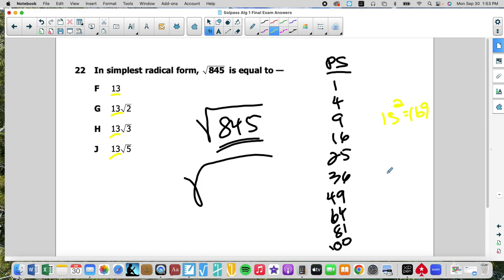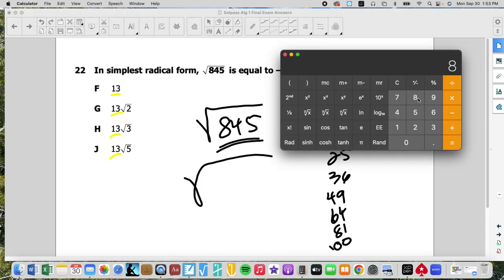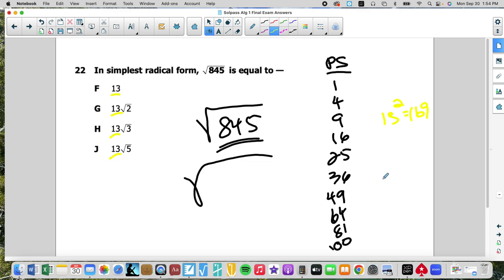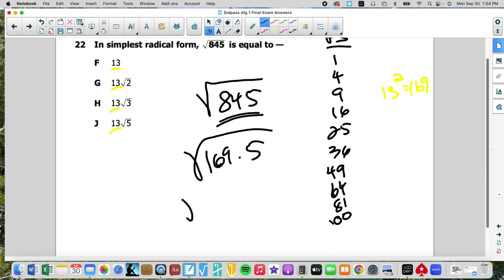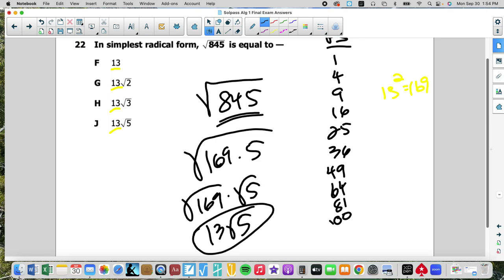So clearly 169 goes into 845. 845 divided by 169, I don't know how you would know that, it goes in 5 times. So 169 times 5, and then we separate them into their own houses. And the square root of 169, as we already know, is 13. And rad 5 cannot be simplified, so it's J.